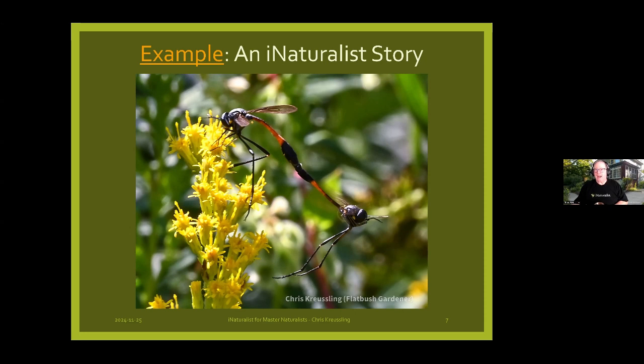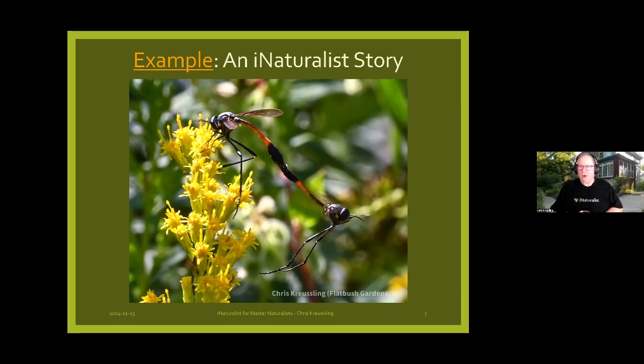Okay, there we go. Great, great. Yes, it is two insects mating. Anyone hazard a guess on what kind of insect? I see dragonflies and wasps. Good. True love, baby, absolutely.